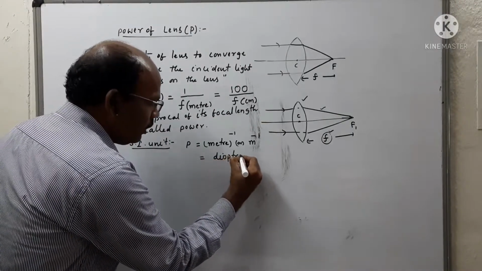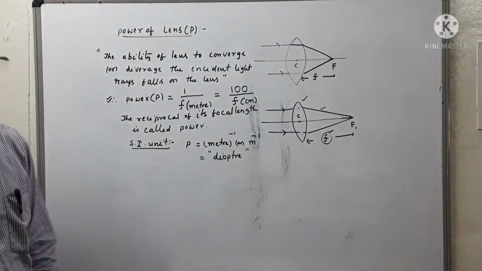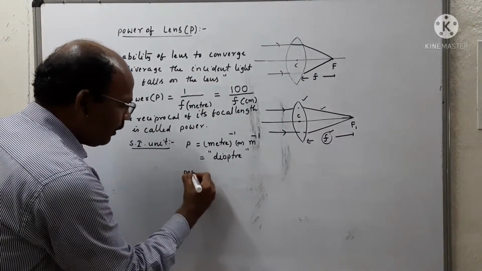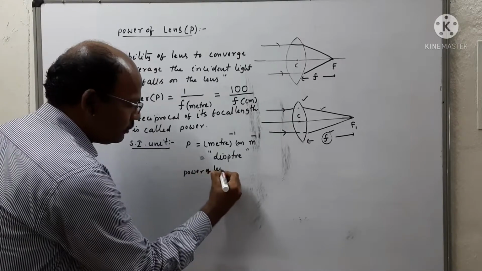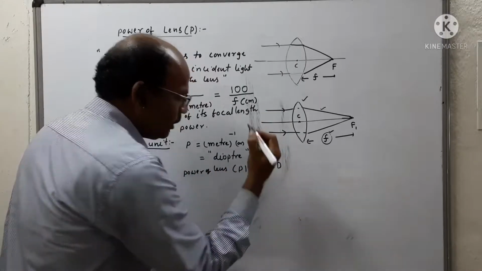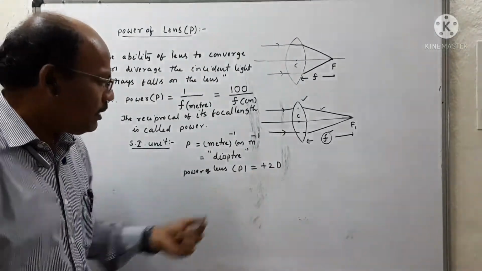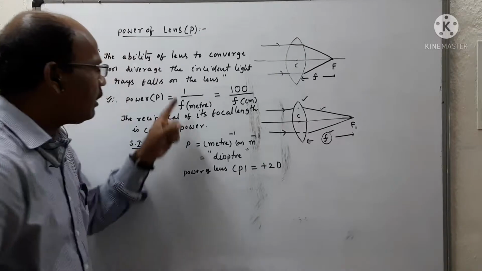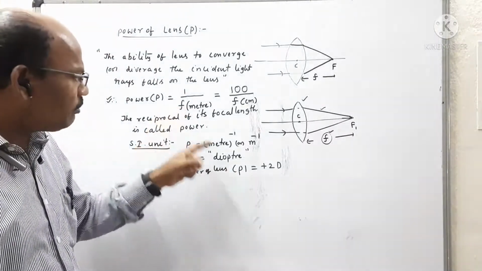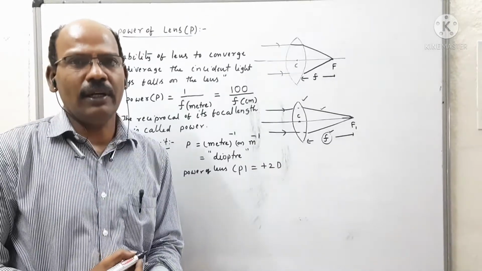So the unit of power is diopter. If the power of a lens is P equal to plus 2 diopter, it is P equal to 1 by F, so from this equation we can easily calculate the focal length of the given lens.